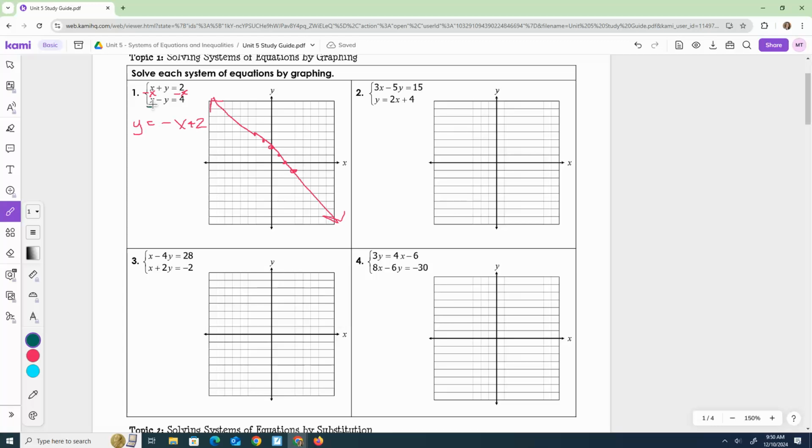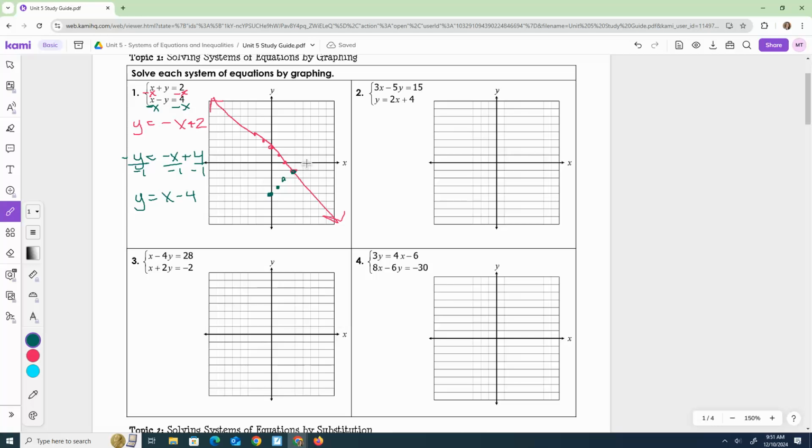So if I subtract my x, that gives me negative y equals negative x plus 4. Then what do you have to do? Divide by negative 1. So y equals x minus 4. So negative 4, slope is positive 1.